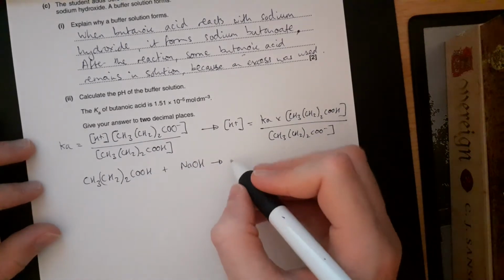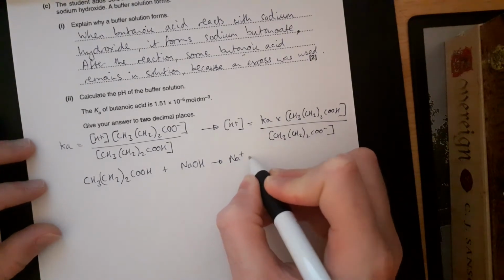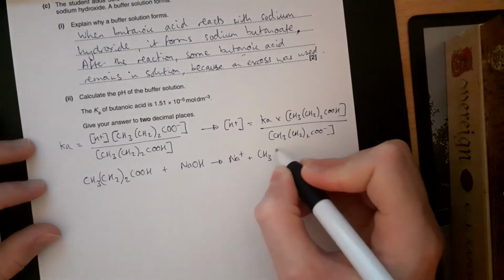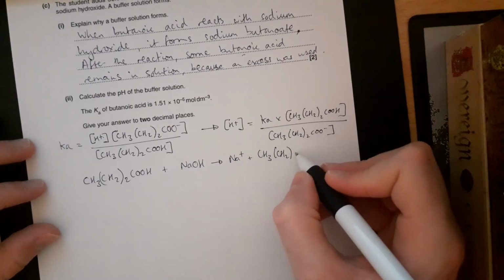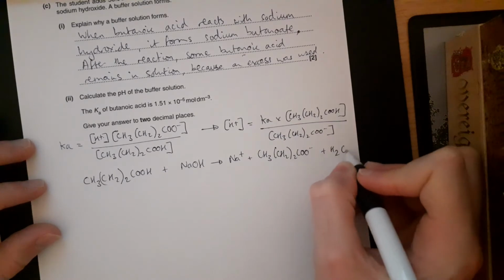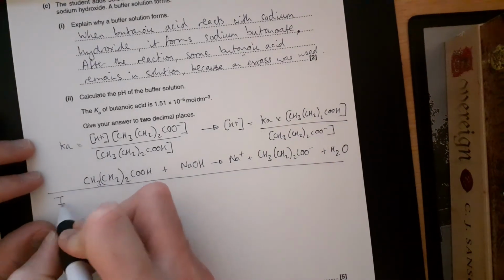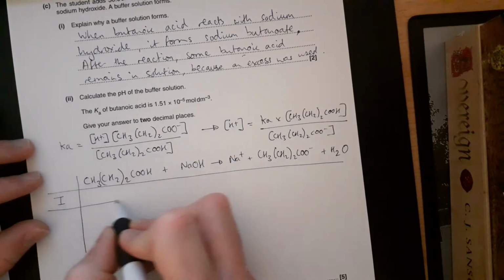It's going to make, again, I'm going to write the sodium butanoate separately. We'll write it as sodium ions and butanoate ions because we're only interested in the ion. And it's going to make water. And we're going to do this in a table. We're going to do this ICE table that we mentioned before.